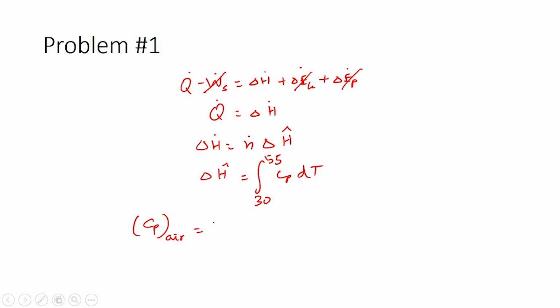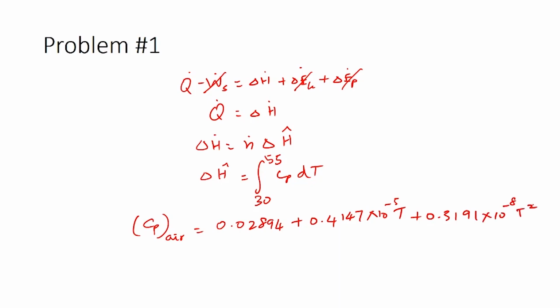So Cp of air with Celsius as the units would be 0.02894 plus 0.4147 times 10 power minus 5 T plus 0.3191 times 10 power minus 8 T squared minus 1.965 times 10 power minus 12 T cube. So integrating this Cp from 30 to 55, you would get delta H cap value as 0.728 kilojoules per mole. So we now have delta H cap.